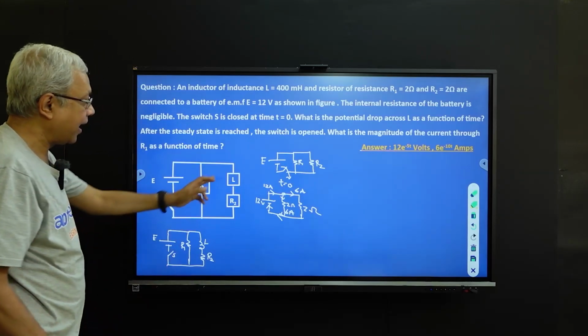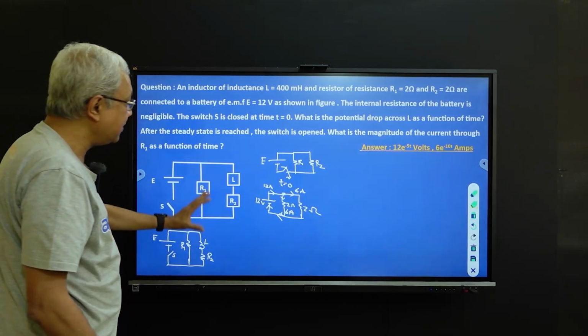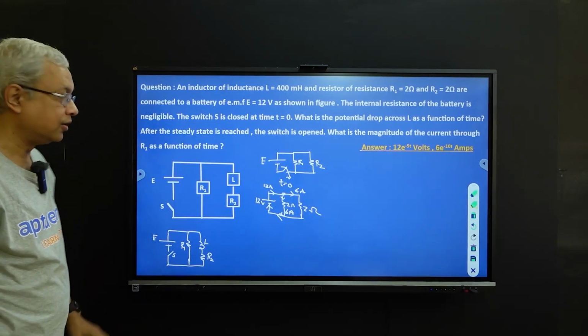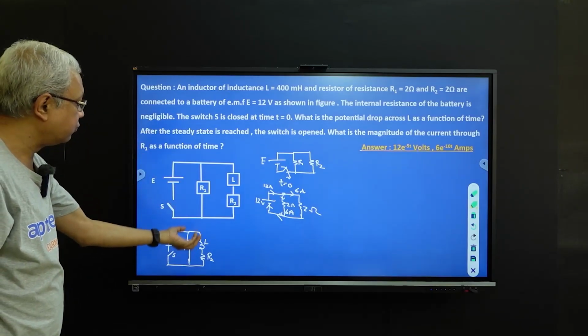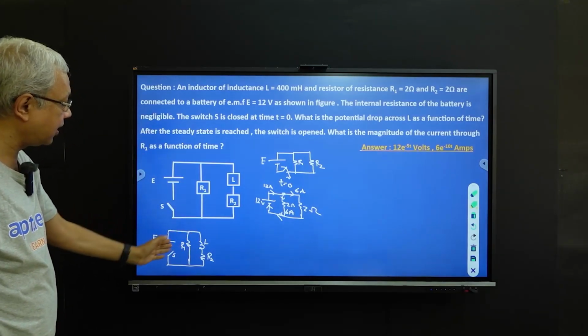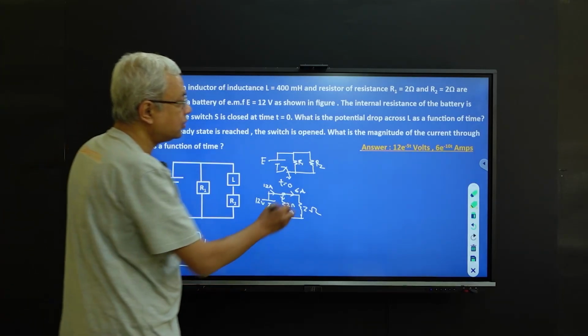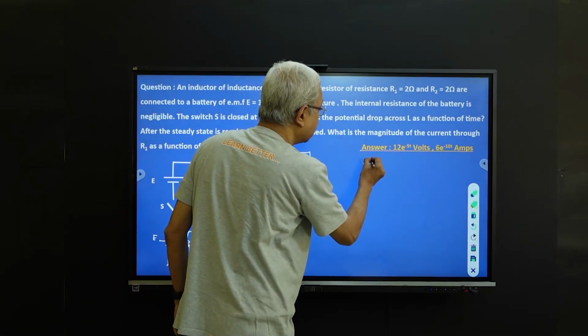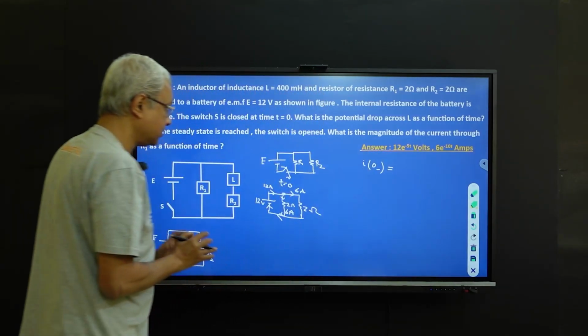But as soon as the inductor is placed like this, the inductor has an inertial property, as you have learned from electromagnetics: the flux through an inductor cannot change instantaneously. Or we know that the current through an inductor does not change instantaneously.